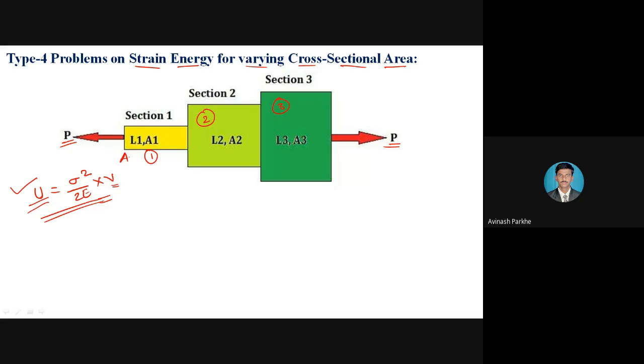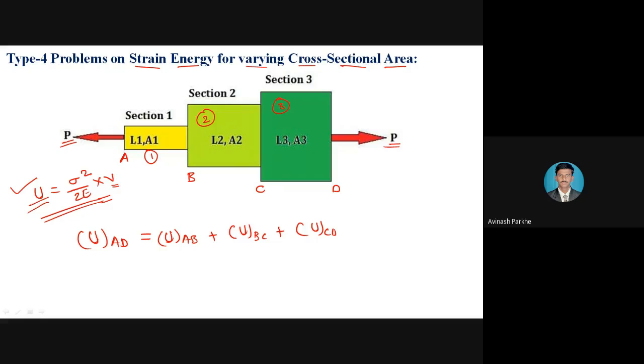Suppose I give the names A, B, C and D. So AB represents section 1, BC represents section 2 and CD represents section number 3. If I have to calculate the total strain energy in the bar AD, the formula is the strain energy stored in section AB plus the strain energy stored in section BC plus the strain energy stored in section CD.